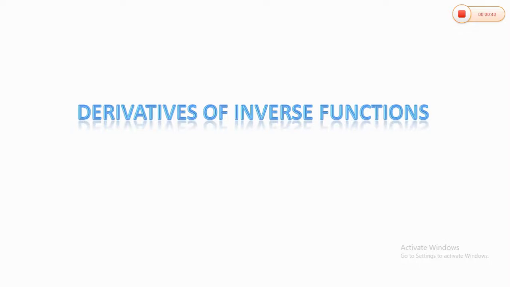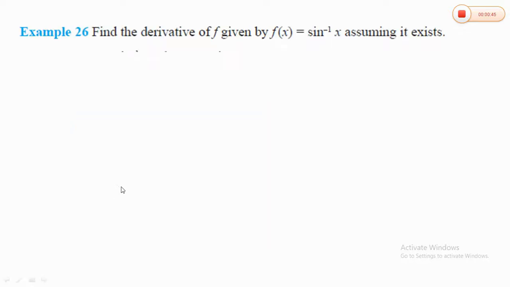sec inverse functions. First, observe here: find the derivative of f given by f(x) equal to sine inverse x, assuming it exists. So consider this one. First write y equal to, or f(x) equal to sine inverse x.